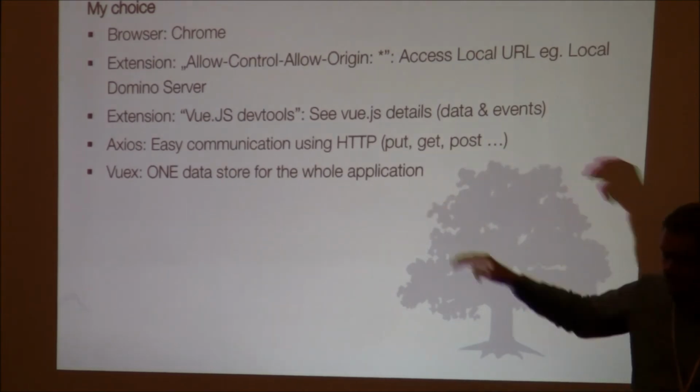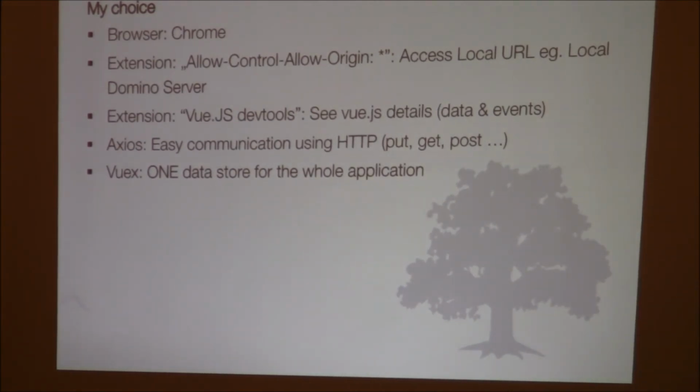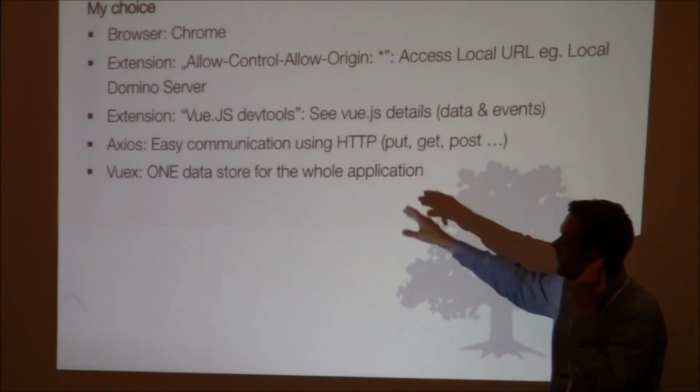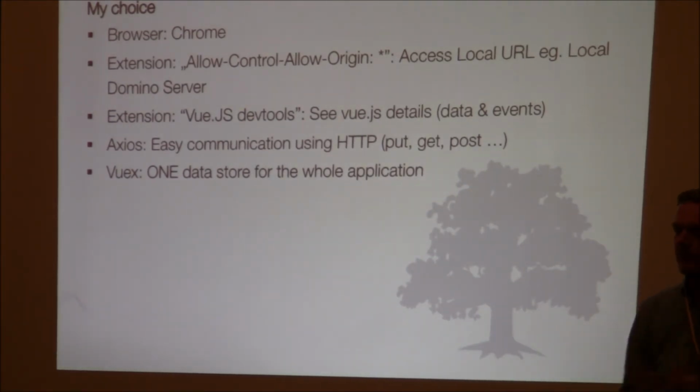Axios, I like it much. It's easy communication using HTTP. So if you want to access data from any server, any REST API you are accessing, you can use Axios and just put in the endpoint, and you get the result there. It's very easy. And Vuex, it's for more complex systems.